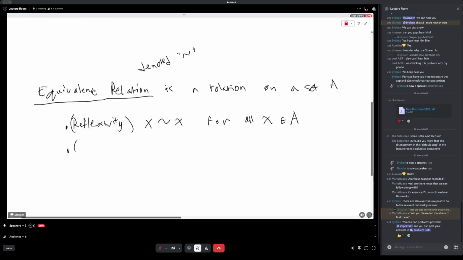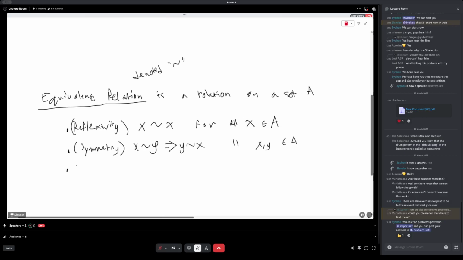And then the second property we have is symmetry, which just means that if you have two elements, let's say x and y, and if x is in relation with y, this implies that y is in relation with x for all x, y in the set A. So that's symmetry. And then we have the third property, which is transitivity.